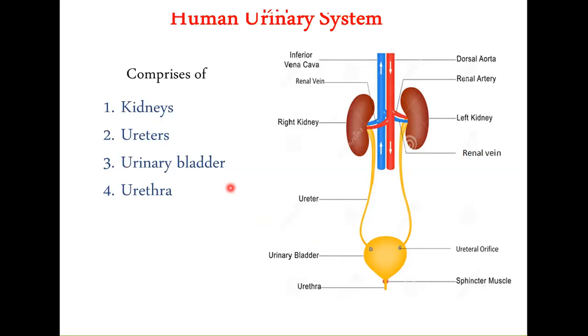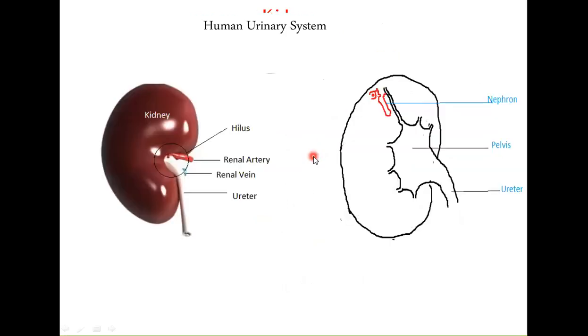First of all, kidneys. As we know, in human being, there is a pair of kidneys, and these kidneys are composed of millions of small tubes.